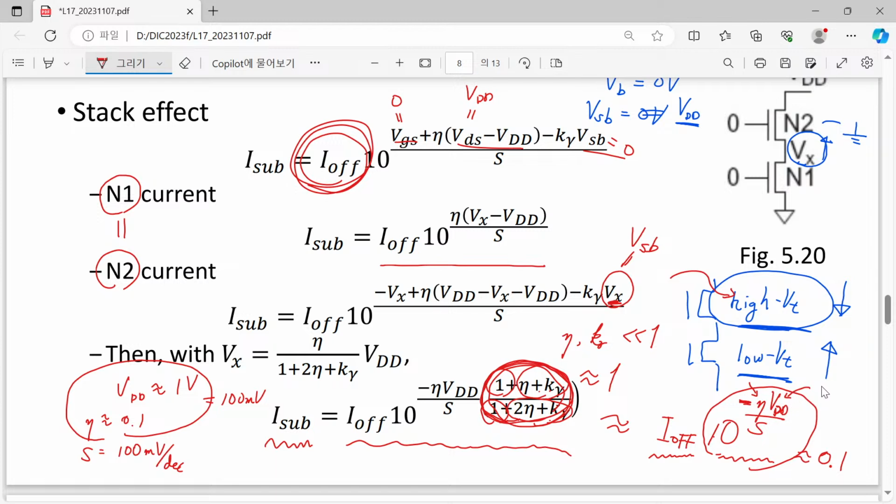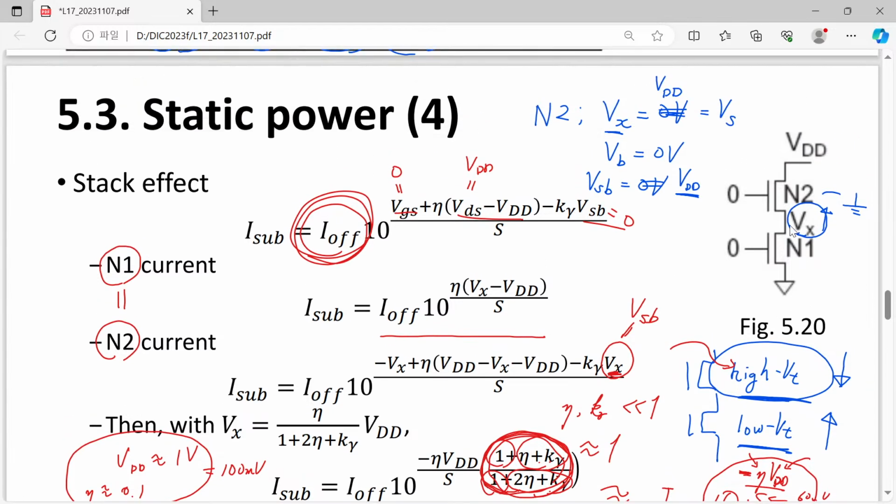Nowadays 0.7, but whatever, this is just a range of 1 volt, and this is nowadays more or less close to 60 millivolt. How about 100? So when we combine them all, you can find that when we make a stack of 2 transistors here and there, amazingly our current conduction, or leakage conduction, can be reduced.